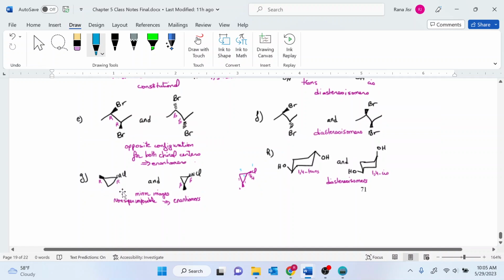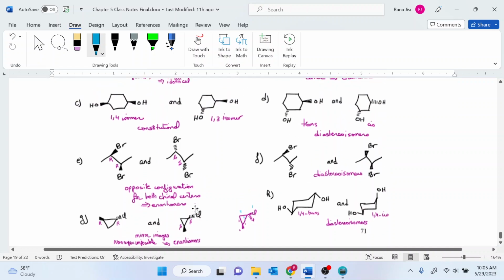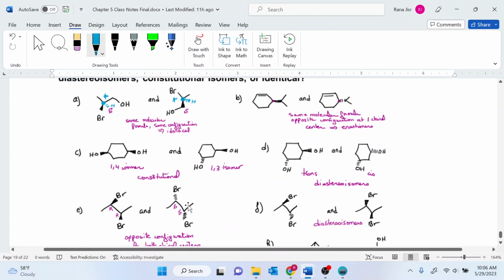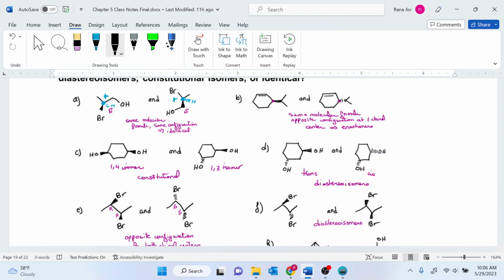For this one over here, again, do the configuration for each one of these carbons, and you're going to end up having different configurations. So these are opposites. So again, they are enantiomers. As long as you are not able to draw a plane of symmetry, then your molecule is going to be optically active. For these two over here, again, do the configuration around this chiral center.